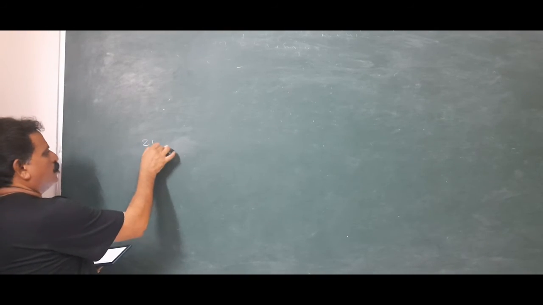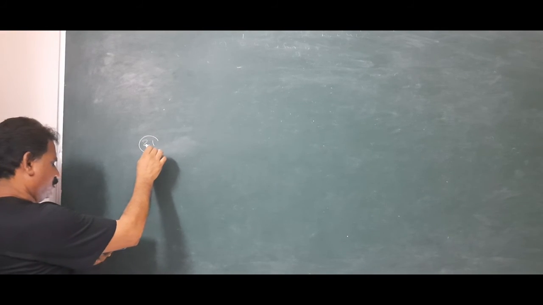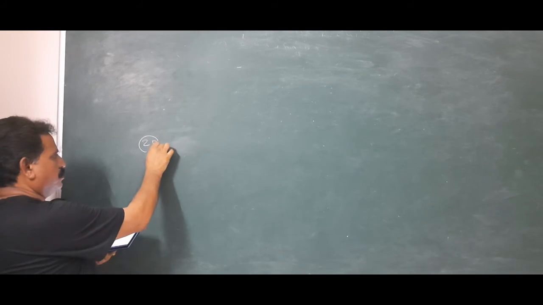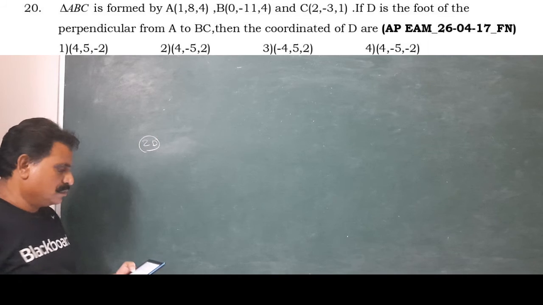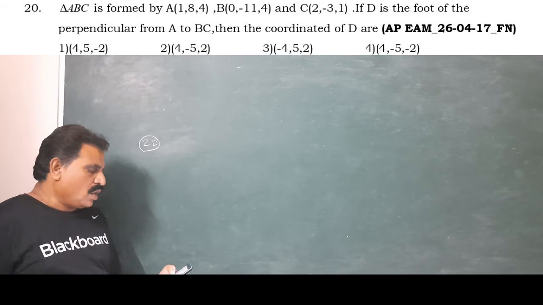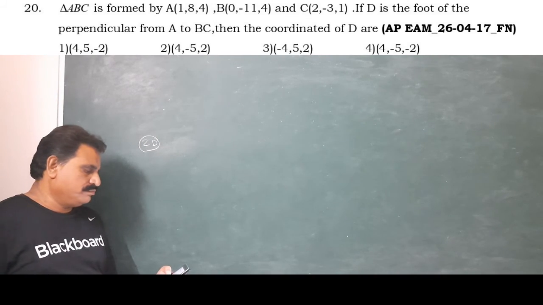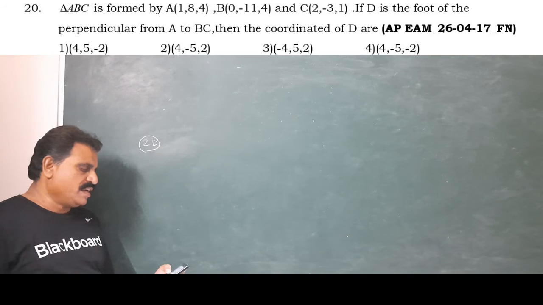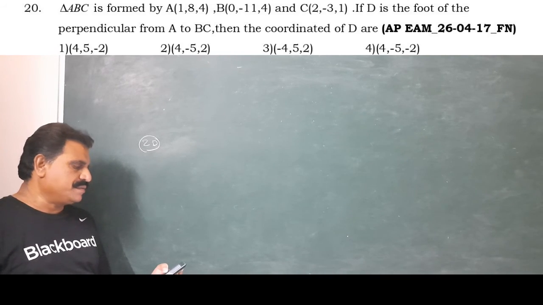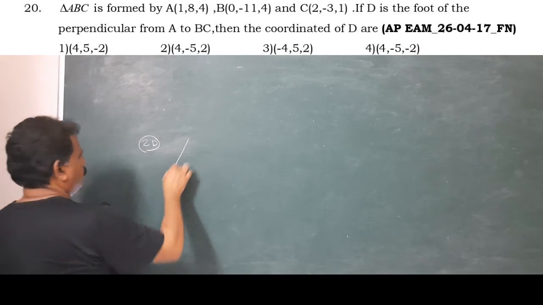Now, question number 20. A triangle is formed by 3 points, A, B, C, and D is the foot of the perpendicular from A to BC.